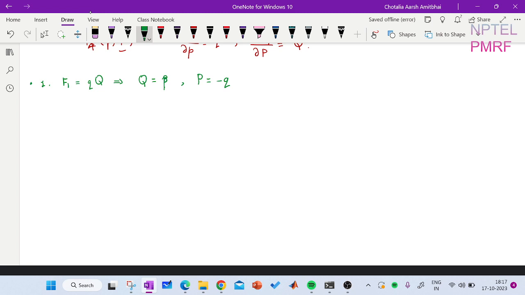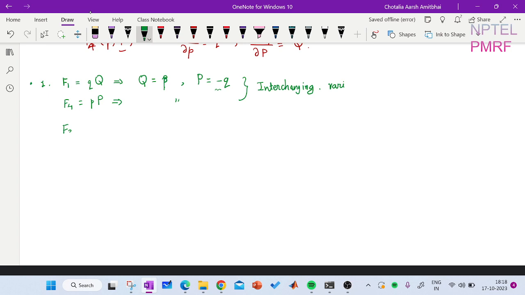And the fourth one, which is small p times capital P, also generates the same thing, in which you are interchanging the variables. So your momentum becomes the coordinate and the coordinate becomes momentum, but with a negative sign in the momentum definition.